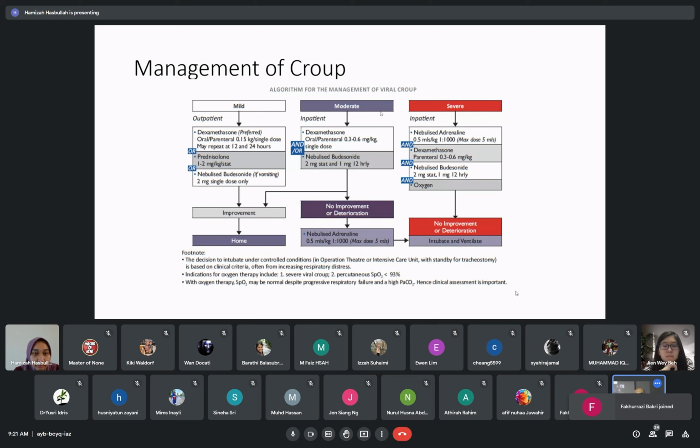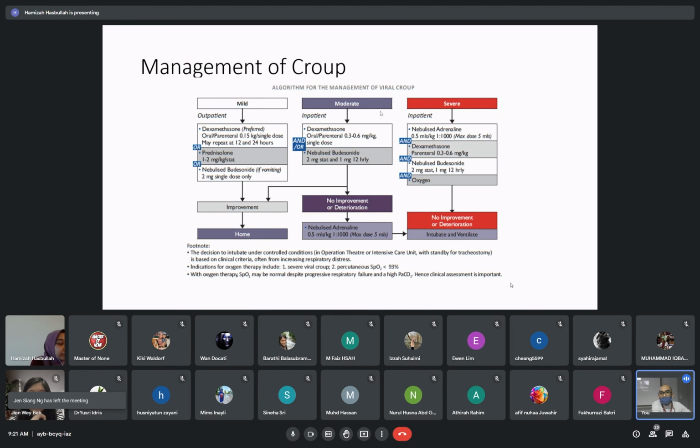Number one, approach to wheezing children. Commonly we see bronchiolitis, asthma, pneumonia with bronchospasm, reactive airway disease, multi trigger, so many terminologies. Then number two is approach to stridor. So Croup comes under stridor.